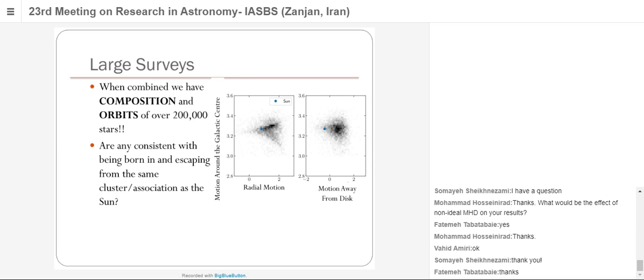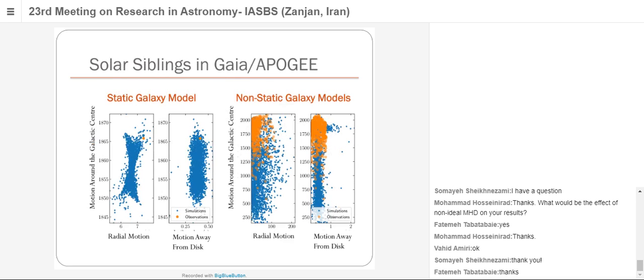That at least is angular momentum, which most people should be familiar with. On this plot, I'm showing the sun's location relative to everything else in our data set. Which means now we have a whole built-up catalog of stars with similar orbits and similar chemistry to the sun. I'm trying to plot all those here in 2 different plots.